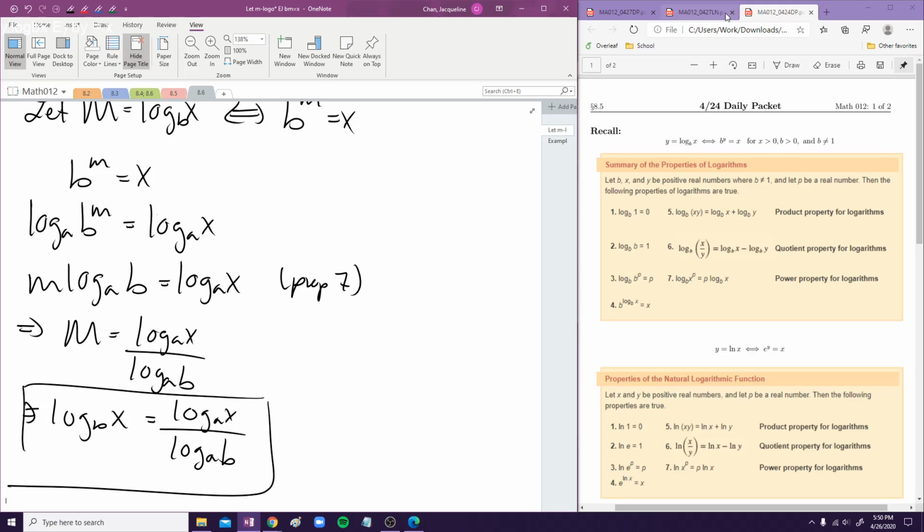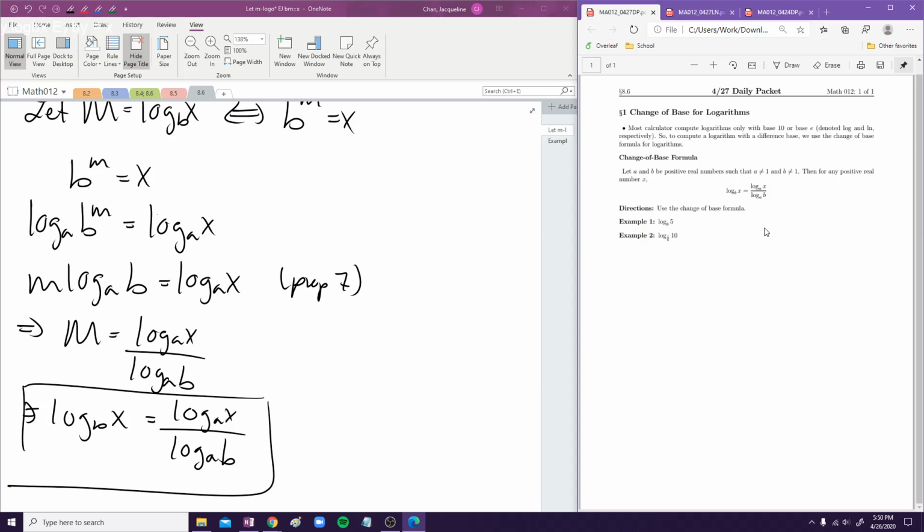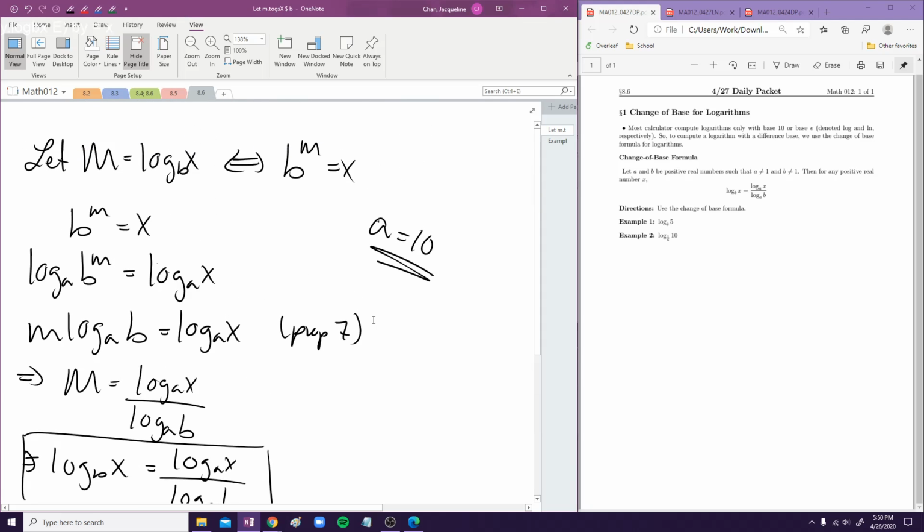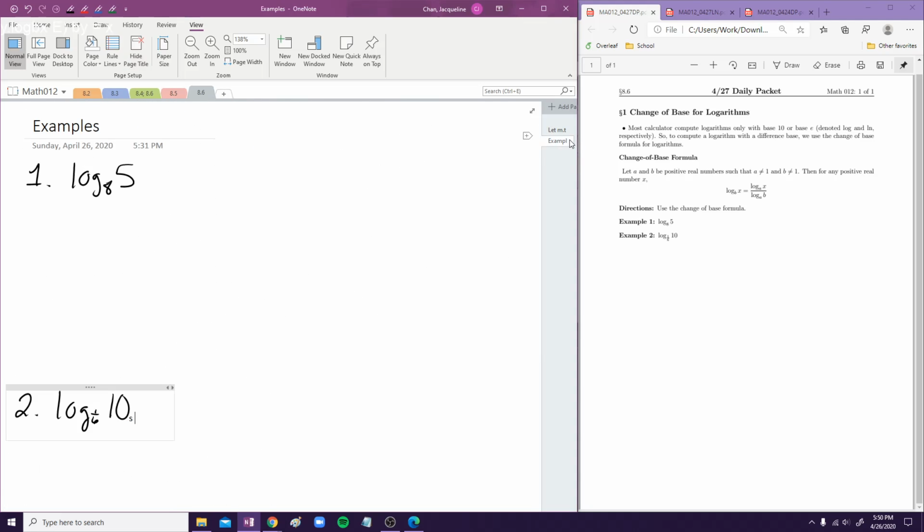This works for any a. If you wanted to change a base 3 into a base 6, that's fine. But normally, since we use the change of base formula so we can use it on a calculator, we let a equal 10.